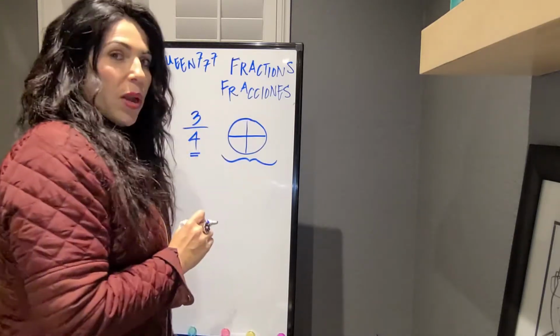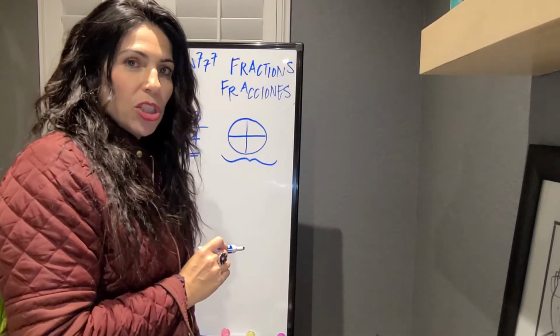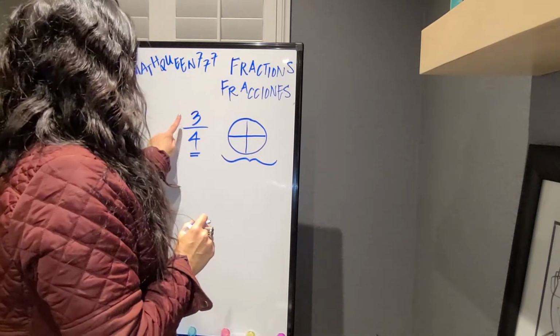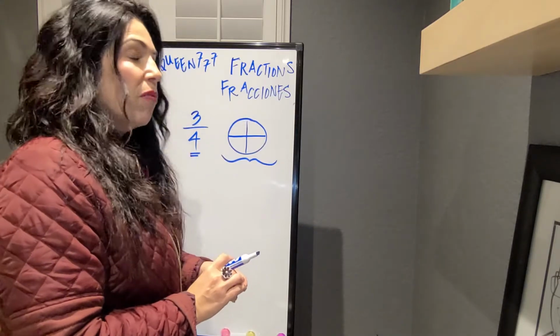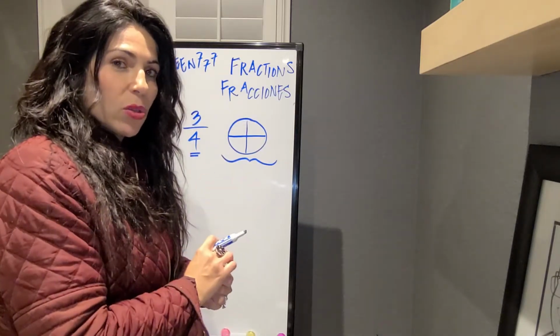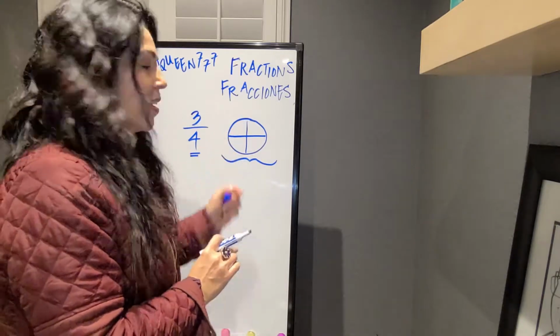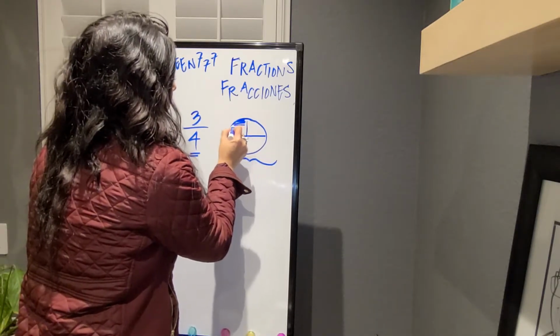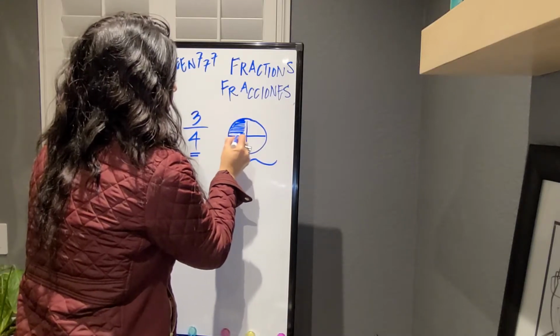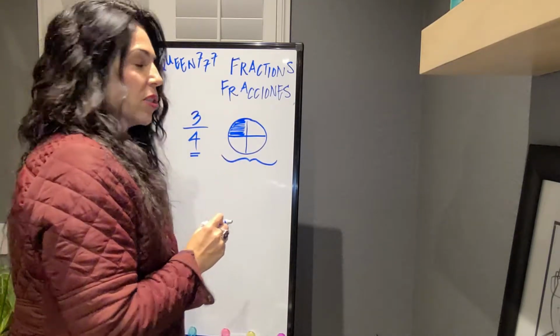On top, the numerator, that is going to be the part that we shade or we color. El número arriba, que se llama el numerador, vamos a colorear 3 pedazos de este dibujo. So we're going to go ahead and color 3 pieces of that, to represent that 3 of the 4 pieces are shaded.